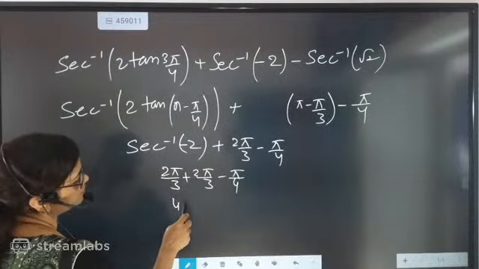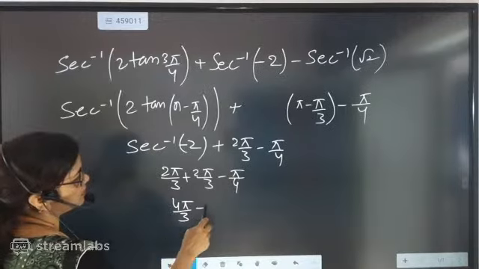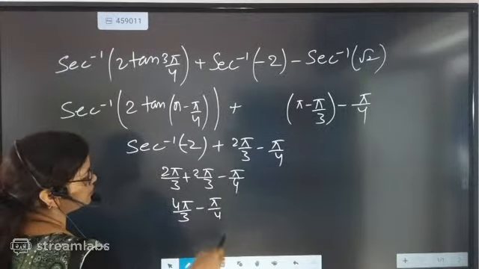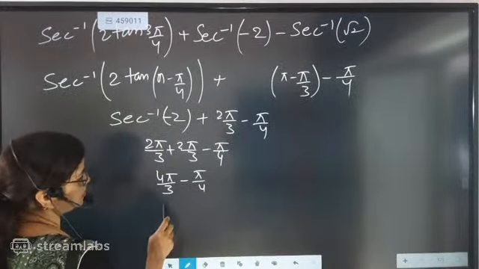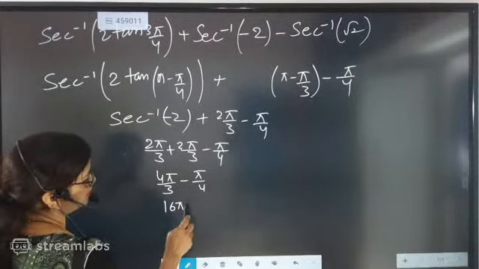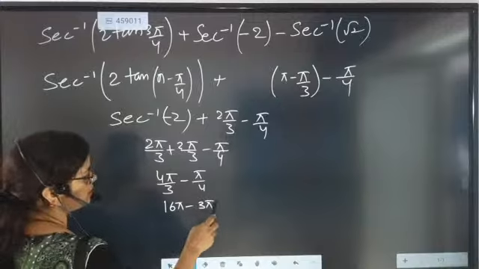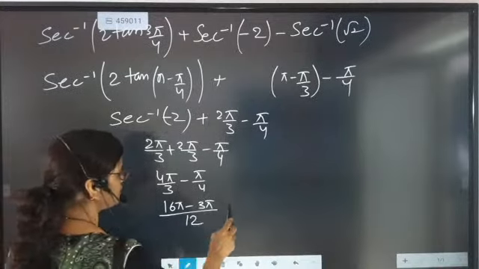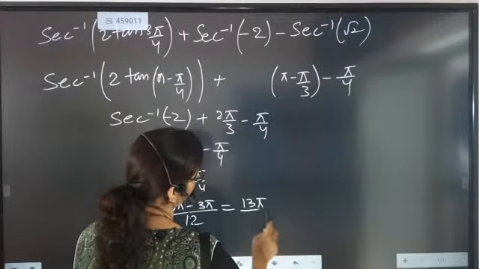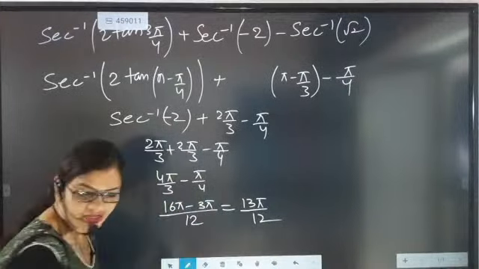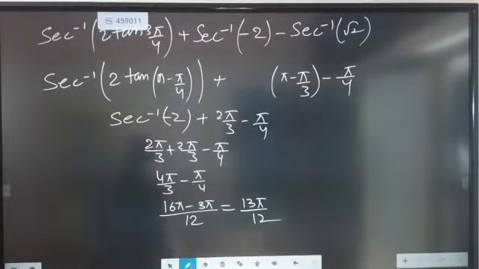Okay, so 4 pi by 3 minus pi by 4, that is 16 pi minus 3 pi by 12. 16 minus 3 is 13 pi by 12. 13 pi by 12 is the correct answer.